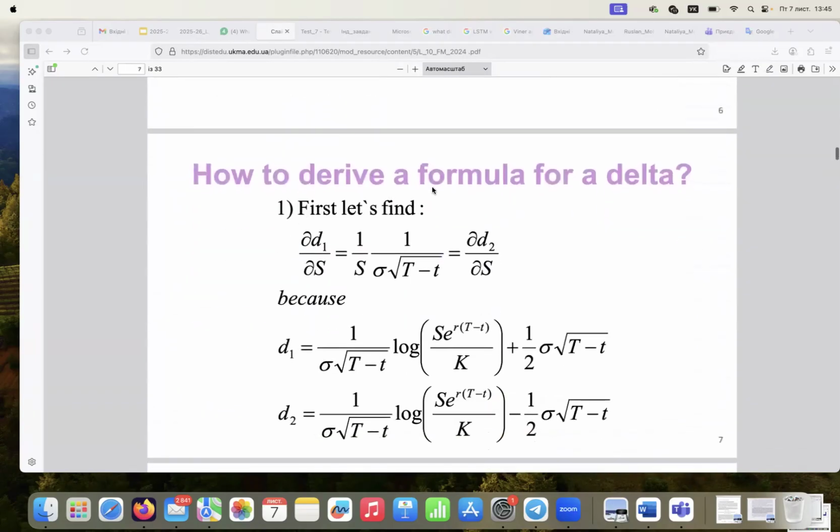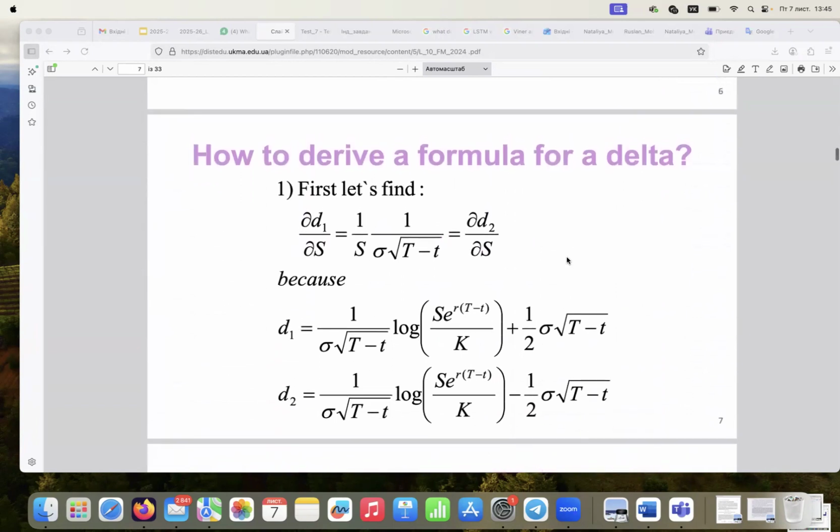How to derive this formula? For example, for delta. Let me show it. What would we like?